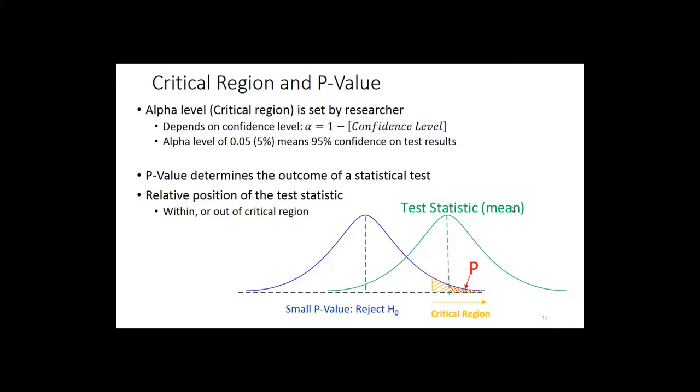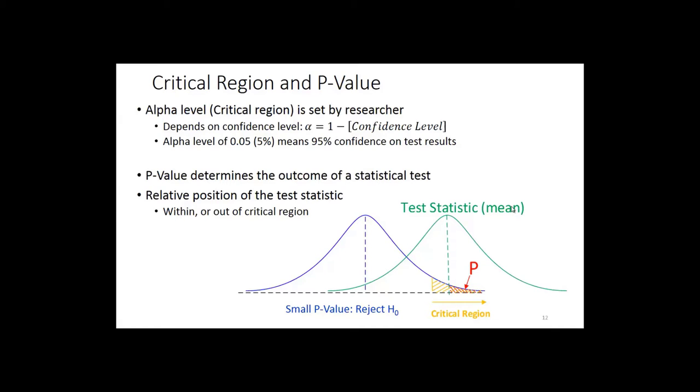When we have 5% in the upper tail, and we project the distribution of the results of the computer lab, that mean falls somewhere in the critical region. The portion of the critical region that is separated to the right, which is, of course, less than 5%, that area is the p-value of the test.